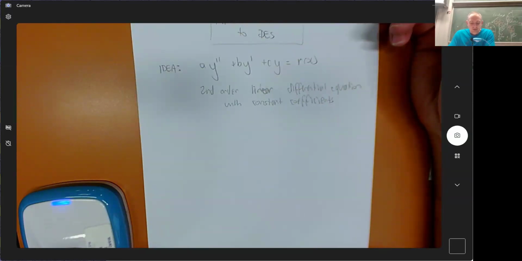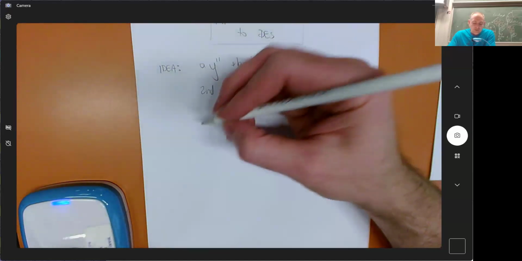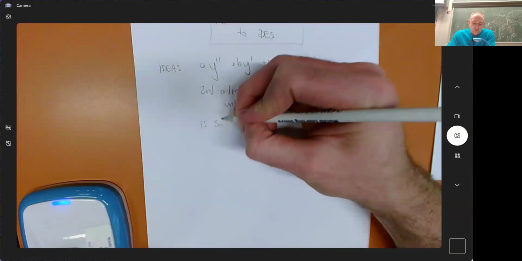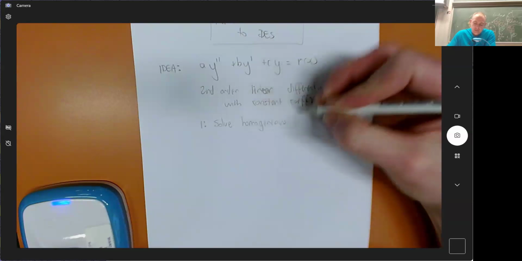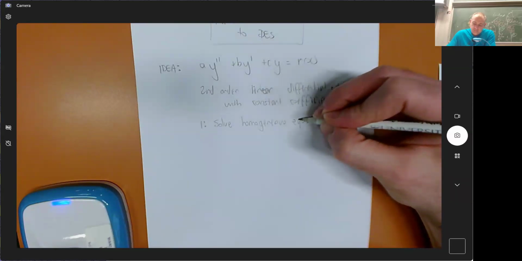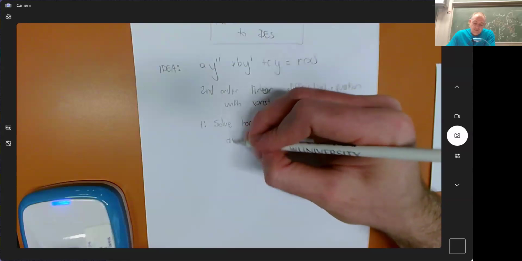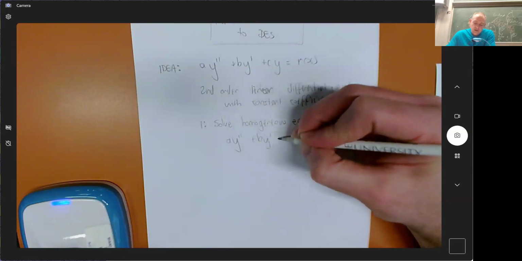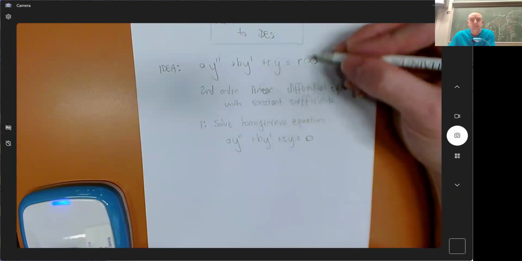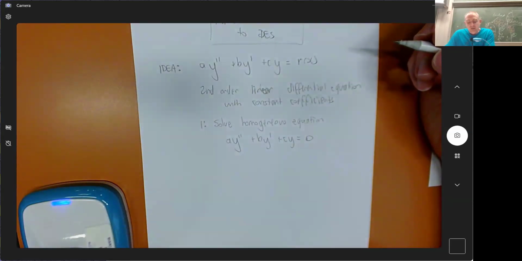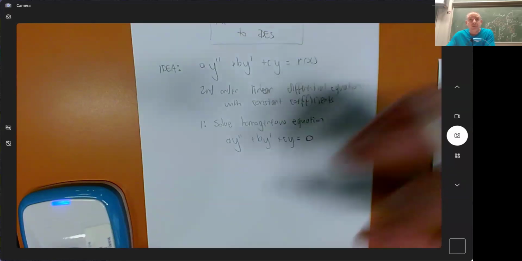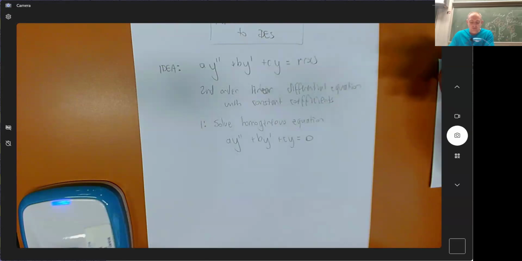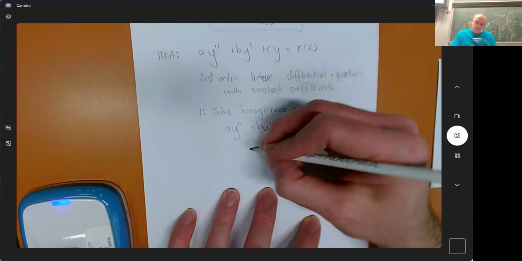The system that you use is, step 1, you solve the homogeneous equation, which is a different equation, but it looks almost the same, except it has a 0 in this spot. The way that you solve it is you find two solutions, and then all the other solutions are a times this plus b times this, a linear combination.